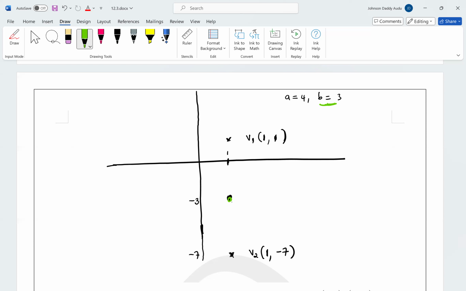So if this is 1 here, then somewhere here, and what will be this point? This point is going to be the x value. If you add 3, so it's just going to be 4 and minus 3. And also you have to go a distance here to the left. So this is going to be minus 2 and minus 3. So these are the endpoints.